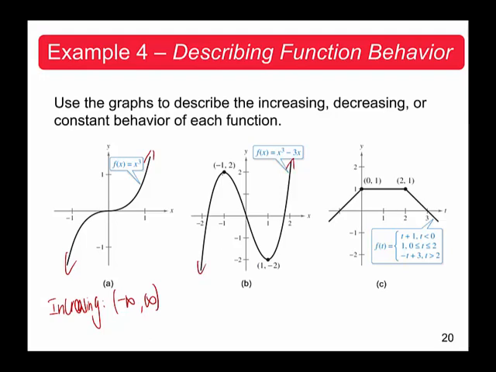It separates into 3 different intervals. First interval from negative infinity all the way to -1. It's going upward, so that's an increasing interval. And from -1 to 1, it's going downward. So that's a typical decreasing interval.